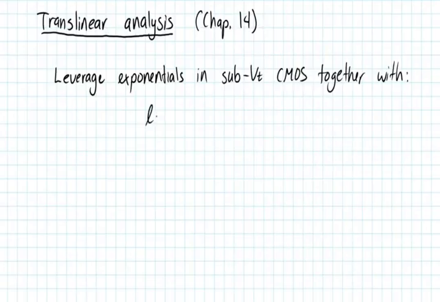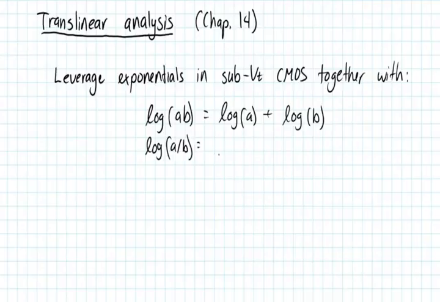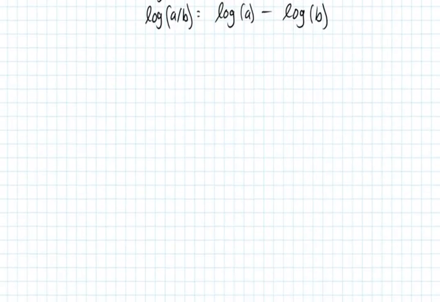These following expressions are just mathematical identities. We say log AB is equal to the log of A plus the log of B, and similarly log A over B is equal to log A minus log B. Okay, so we're going to use this in the analysis of the following circuit.